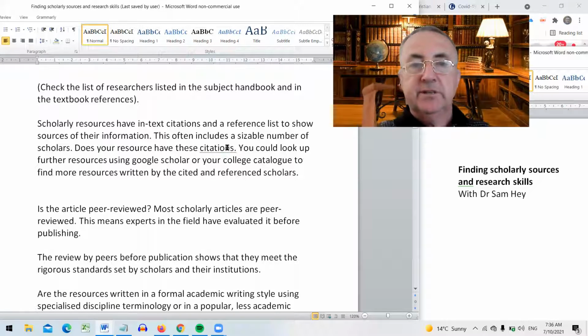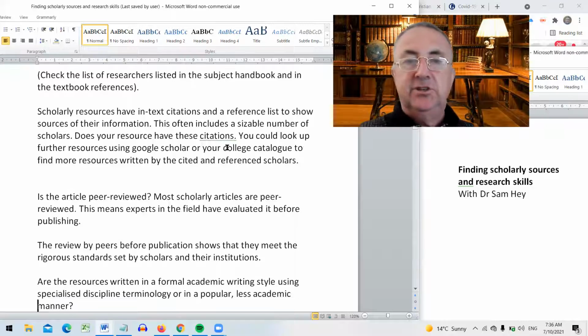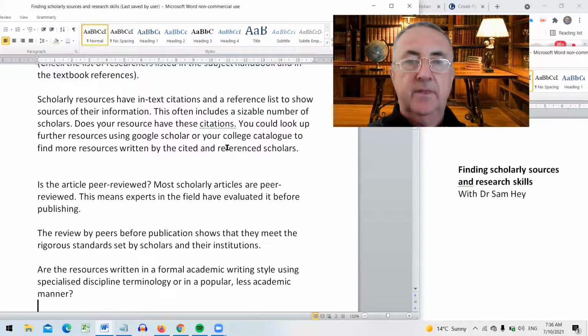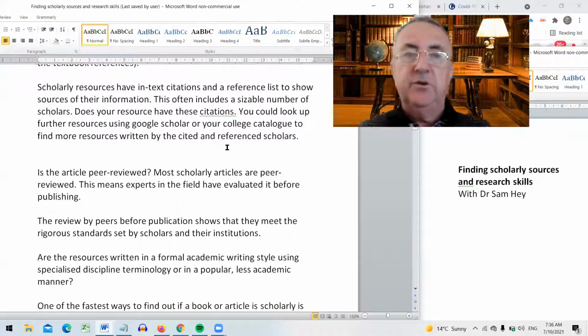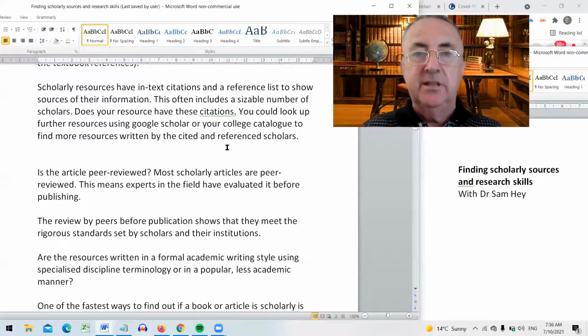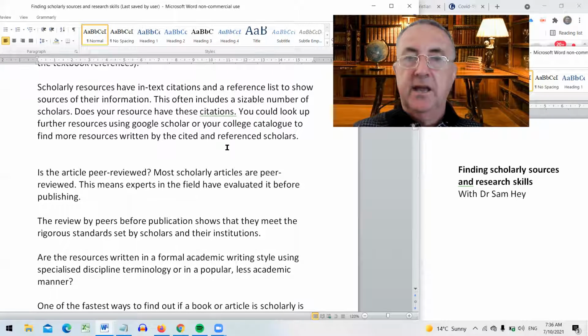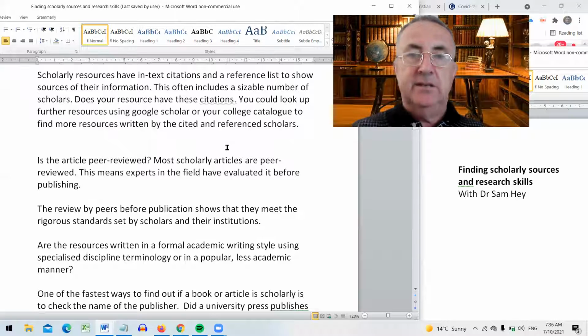Scholarly resources have in-text citations and a reference list to show the sources of their information, often a large list, and often every paragraph has references. This often includes a sizable number of scholars. So you need to ask firstly, does your resource have a large number of scholarly citations in the paragraphs and a large number of references at the end of the resource?